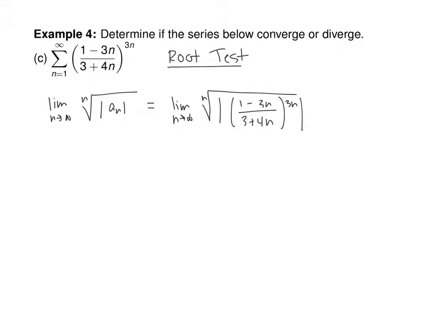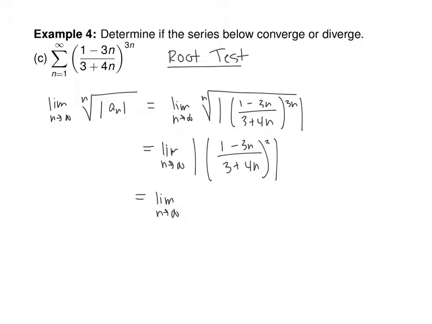So the nth root will cancel out that nth, leaving us with the limit as n goes to infinity of (1 minus 3n over 3 plus 4n) all to the third. It doesn't really matter how we do this. We can move the third power outside those absolute value bars: absolute value of 1 minus 3n over 3 plus 4n, and then cubed.